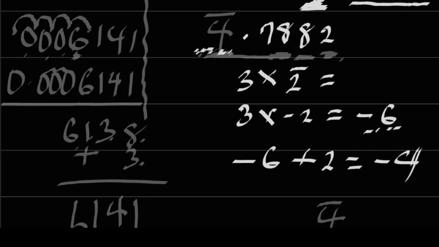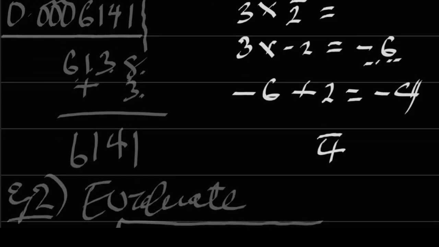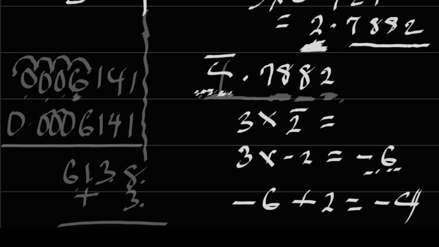In writing it here, we'll not write it as minus 4, but as bar 4. Then we'll now come here and write our bar 4.7882. So at this point, we are going to find our anti-log.